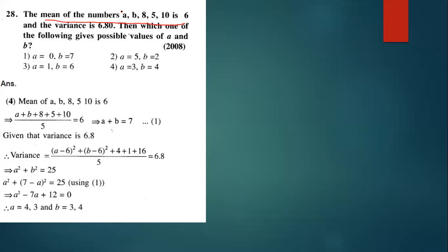How many numbers are there? 1, 2, 3, 4, 5. There are 5 numbers: a, b, 8, 5, 10. The mean of these 5 numbers is 6. That means sigma xi, i running from 1 to 5, is given.